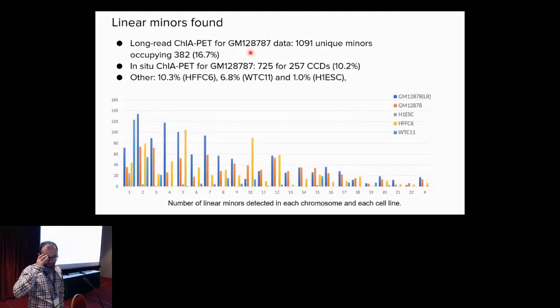For in situ ChIA-PET, it's slightly less, and of course this highly depends on the particularities of the experiment from which the data came. So we got much less, especially for the human embryonic stem cell line. We have some ideas why that might happen. In general, we can't exactly establish some sort of correspondence or pattern.